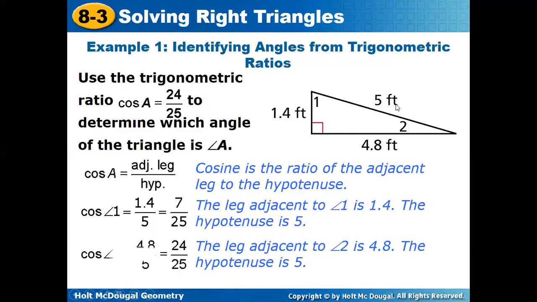So cosine of angle 2 equals 4.8, the adjacent leg, over 5, the hypotenuse, which is equal to 24/25. So now, which of the two angles will be angle A, 1 or 2? Yes, it's angle 2.